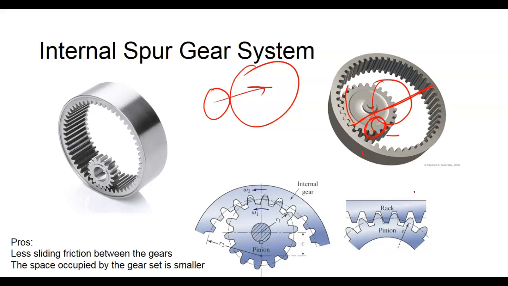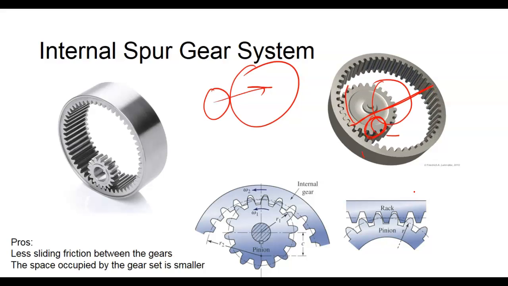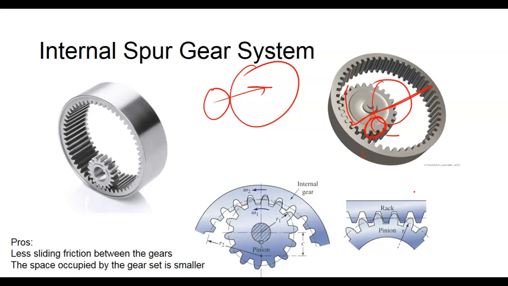Does that make sense? Yeah, we use idler gears basically for a couple of reasons. One would be to increase the distance between the driver and the driven. Another thing we use an idler wheel for is to change the rotation of the driven.